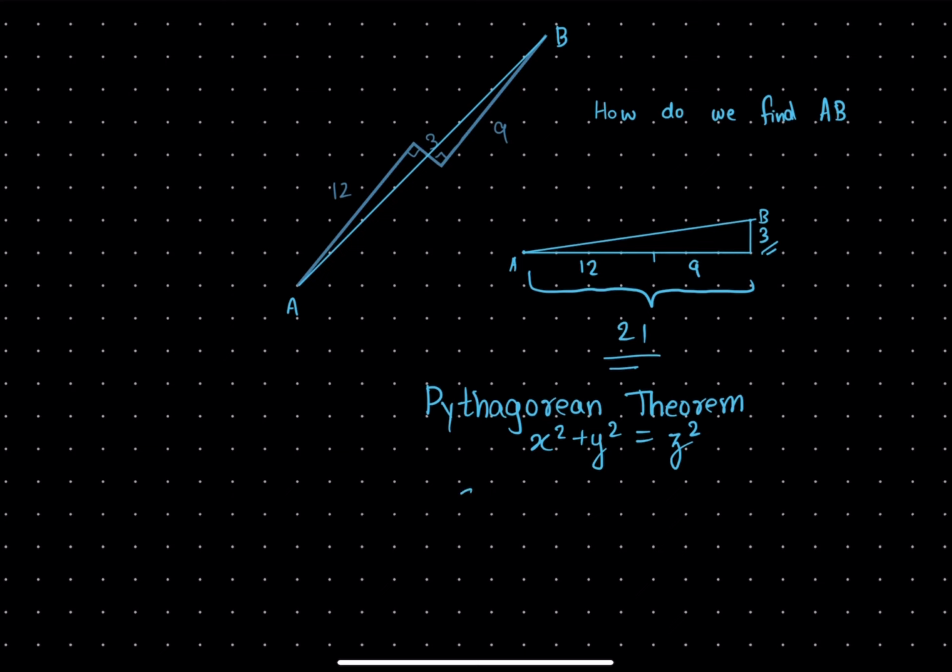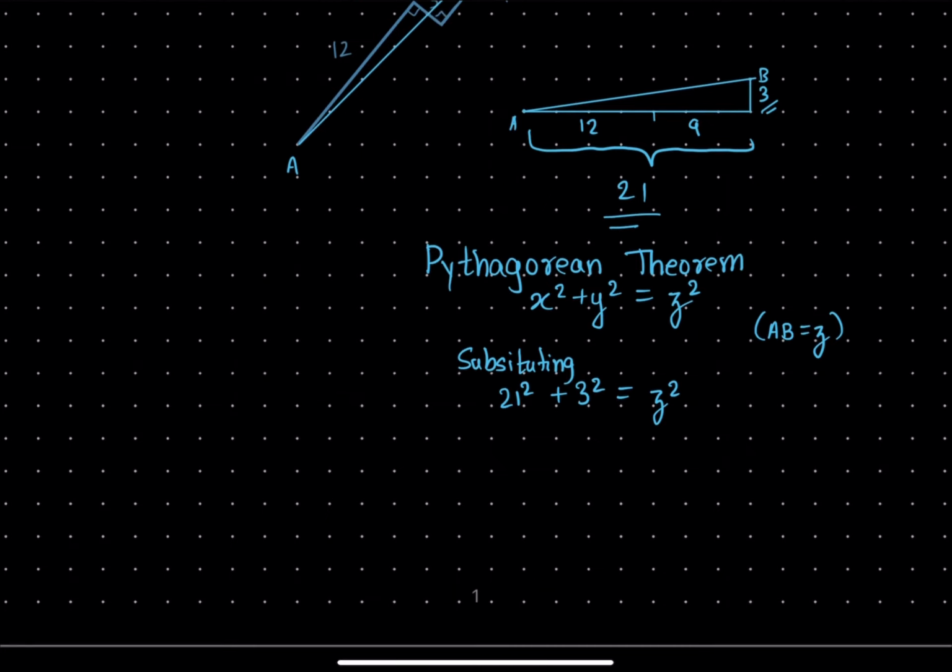So substituting, we get 21 squared plus 3 squared gives us AB squared. So to simplify things a bit, let's just say that AB is our z over here. So 21 squared plus 3 squared gives us z squared.